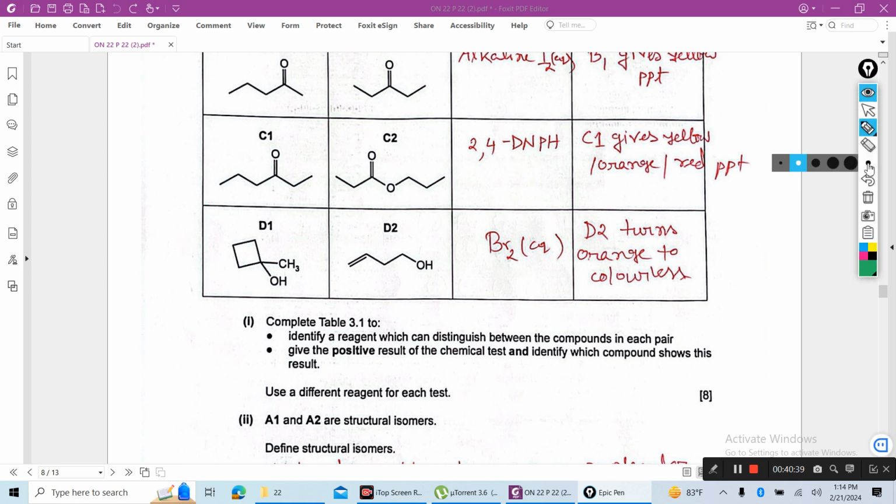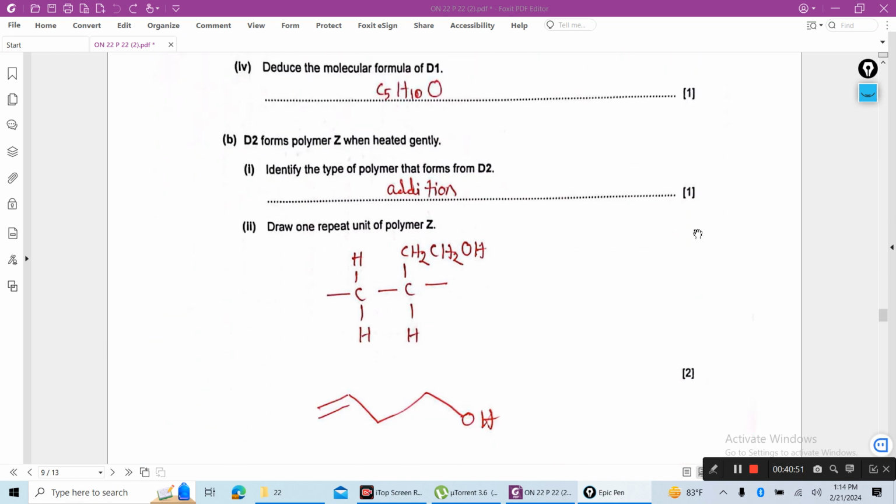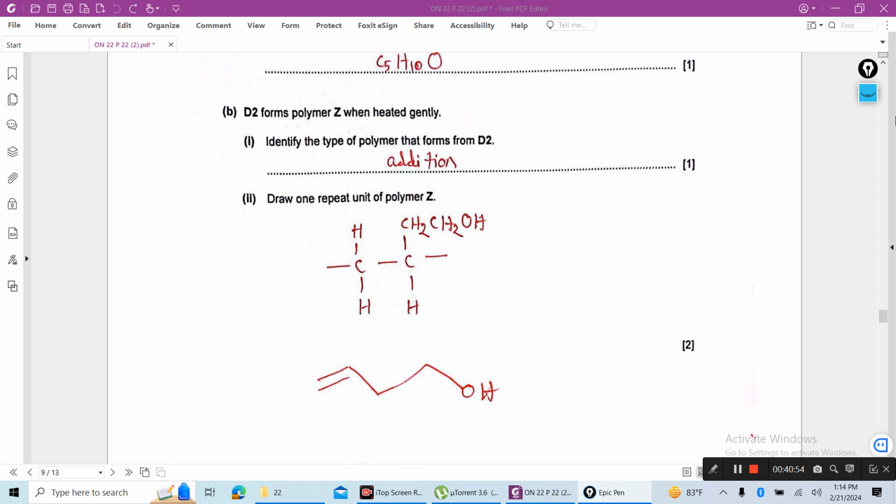It has a carbon-carbon double bond, so it will form addition polymerization. This is D2.